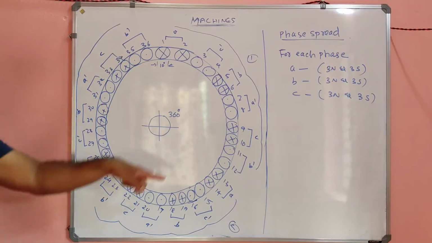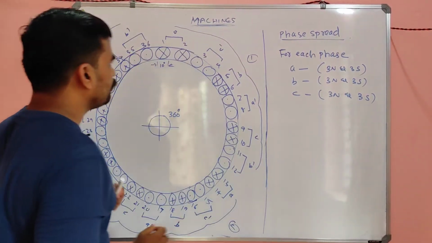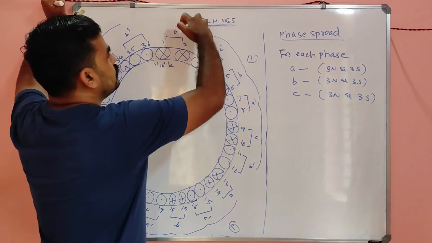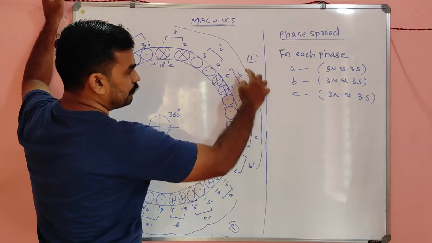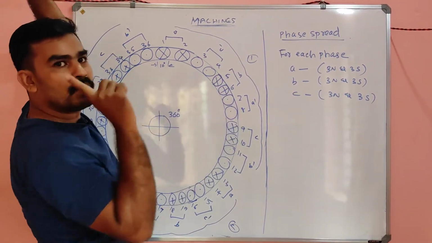In which manner we have arranged this? Okay, and phase spread means under one pole, my dear. Under one pole means just consider this line only. This is called under one pole, because A to A dash will happen only once now.